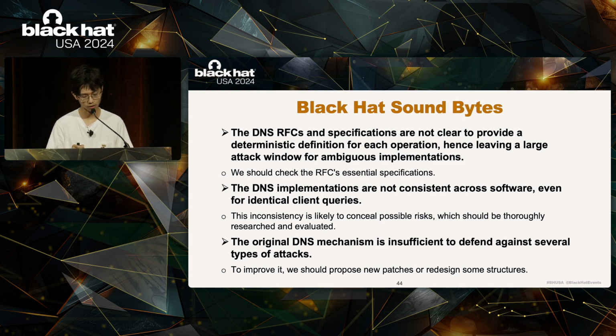This inconsistency is likely to conceal possible risks, which should be thoroughly researched and evaluated. Finally, the original DNS mechanism is insufficient to defend against several types of attack. To improve it, we should propose new patches or redesign some structures.